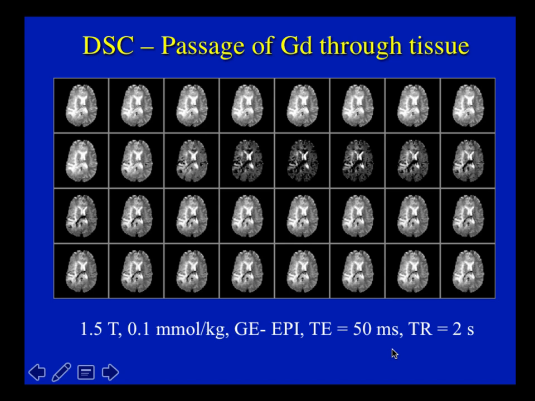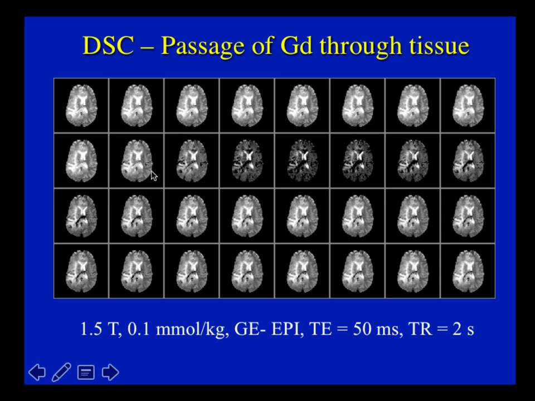Here's an example of a series of images acquired while the gadolinium is passing through the brain. These are echoplanar images acquired at a TR of 2 seconds. So these are the same slices acquired over and over again at a repetition rate of 2 seconds. At the beginning, we see a baseline signal, high signal intensity throughout the brain.